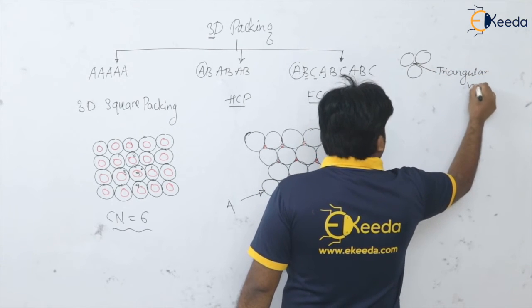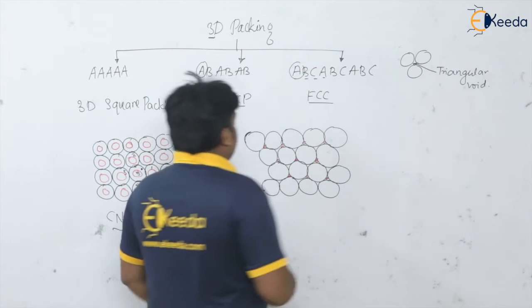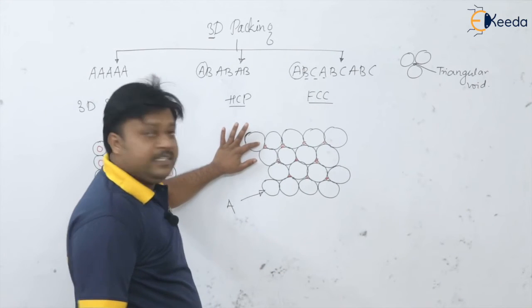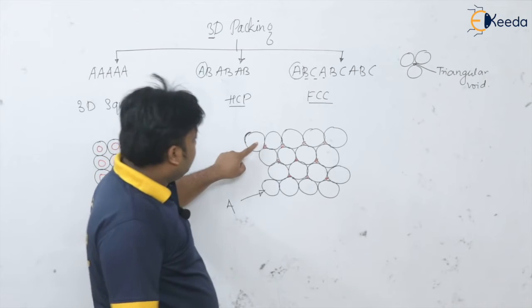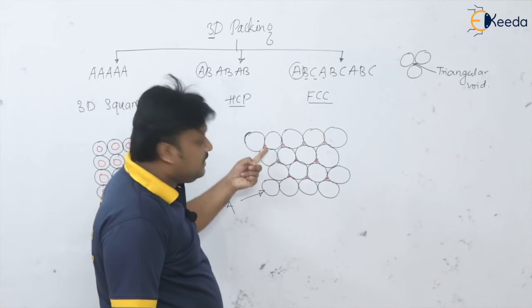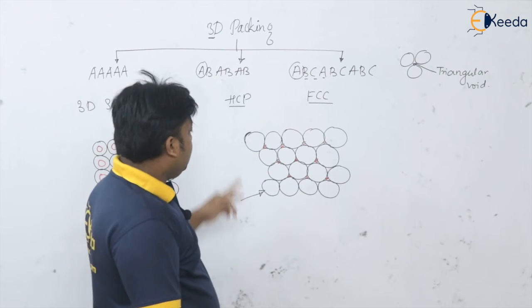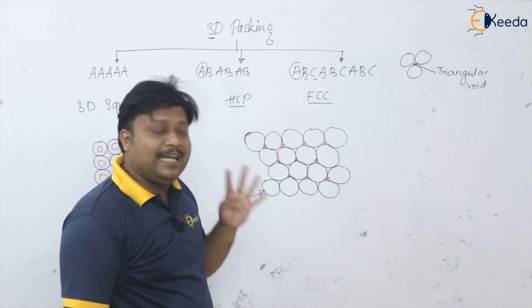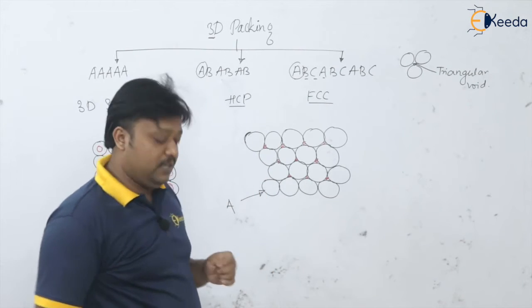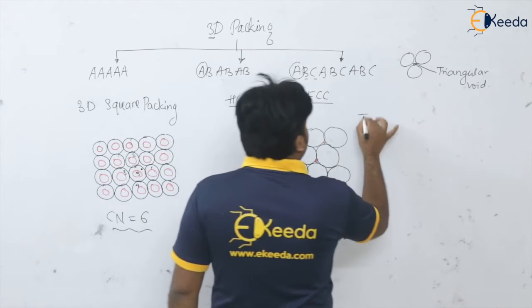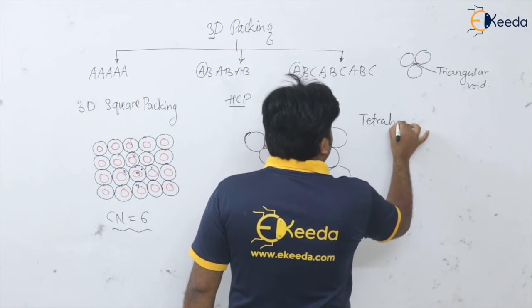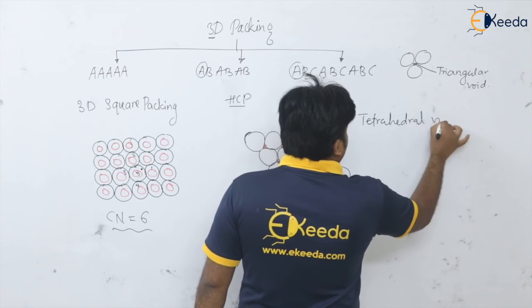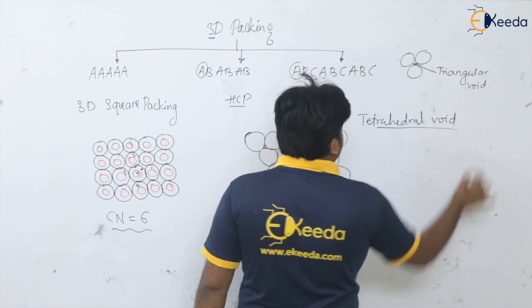Now this void is created due to how many atoms? This 1, 2, 3 and the one below, 4. So whenever a void is created because of these 4 atoms, it is known as the tetrahedral void.